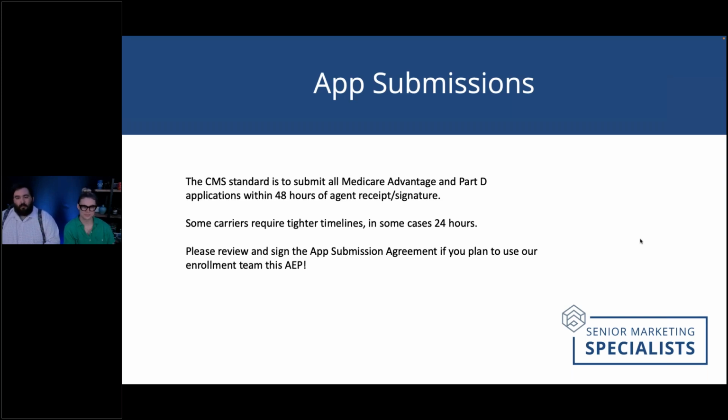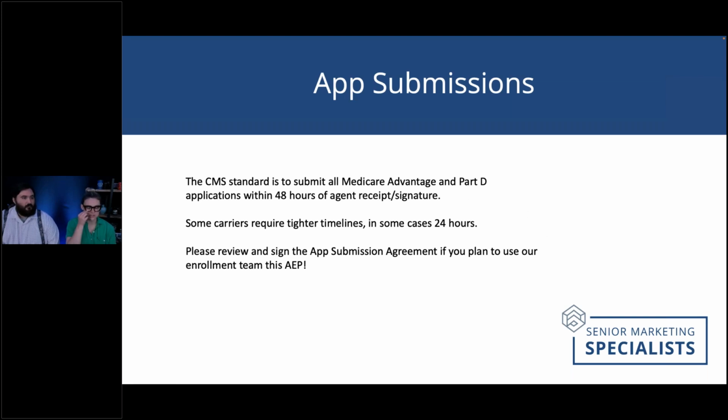Louise and the enrollment team do a great job of checking those apps over, making sure there are no errors or missing information. I don't think it's the case anymore, but at one point she would tell us constantly the number one error she found on apps was that agents would forget to sign it. Yep. Makes it a little difficult to get those through. But again, point being, get those in fast and get them to us so we can review them for you.